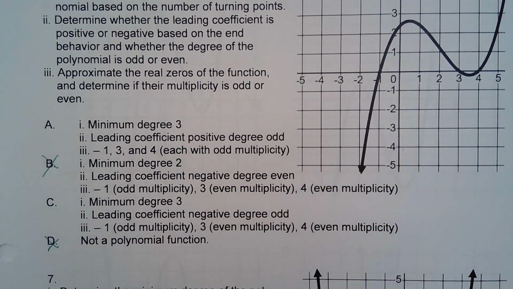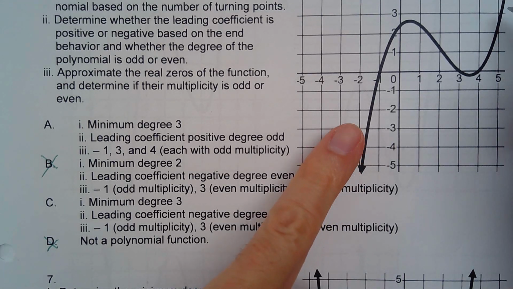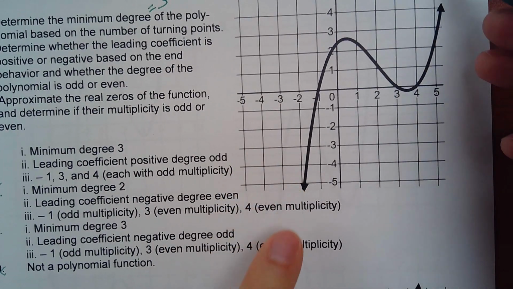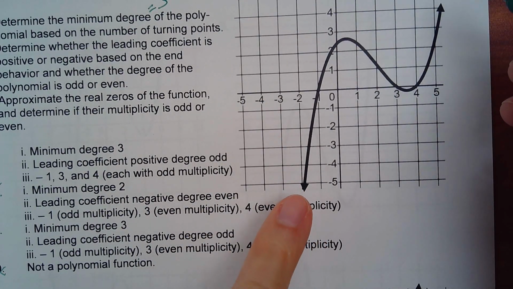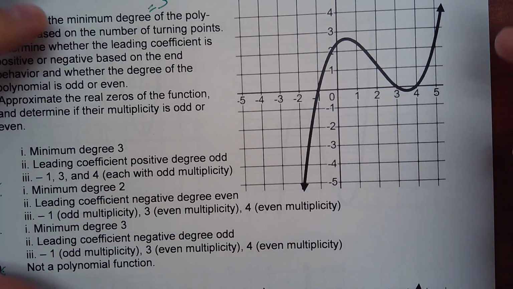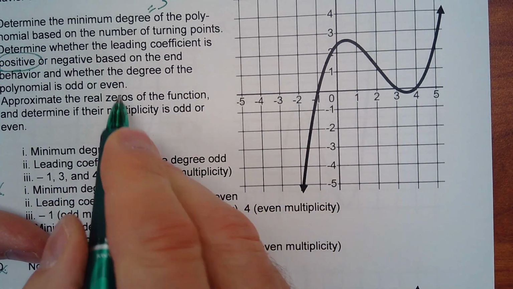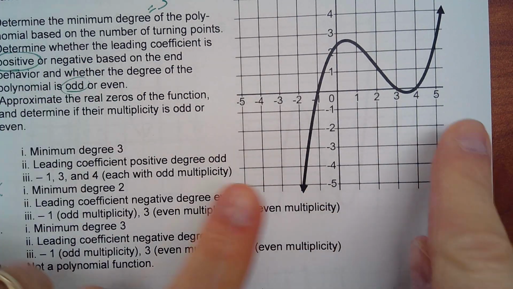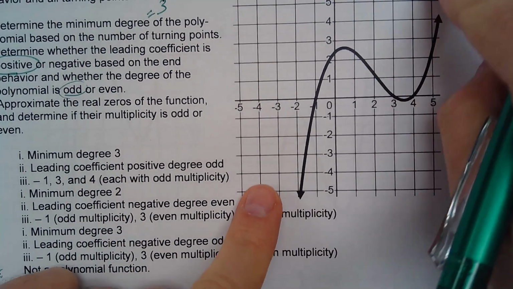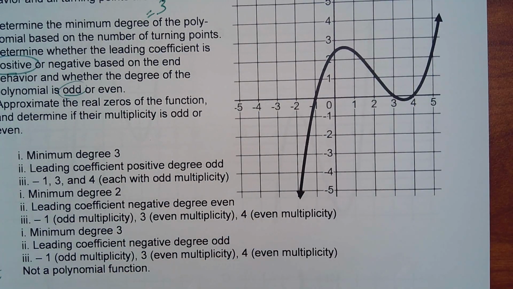So the minimum degree is 3. Now, think of my x cubed function. It's facing up, so leading coefficient is going to be positive, and the degree is going to be odd because the end behaviors go in the opposite direction. This is facing up. There's no reflection.